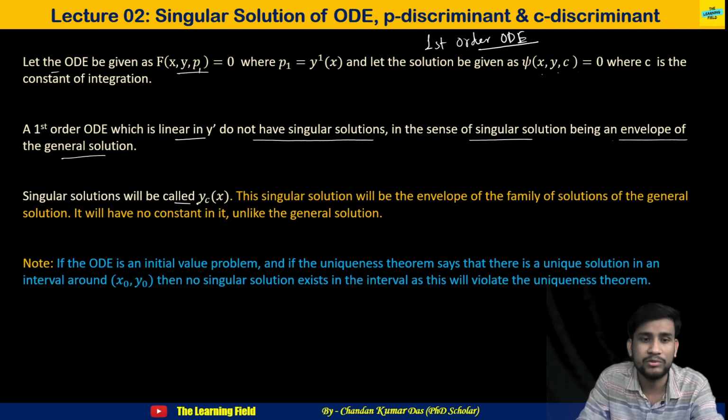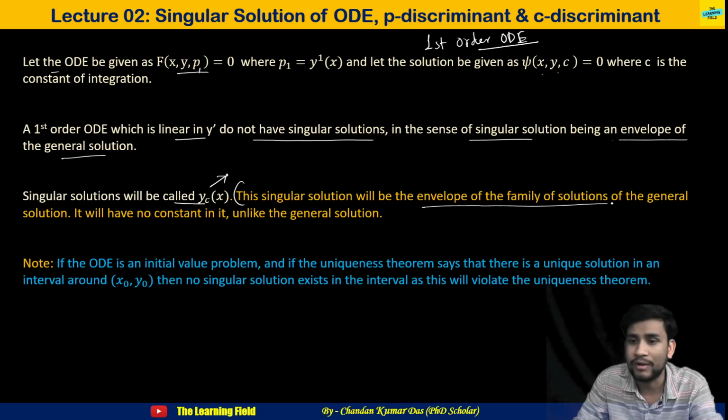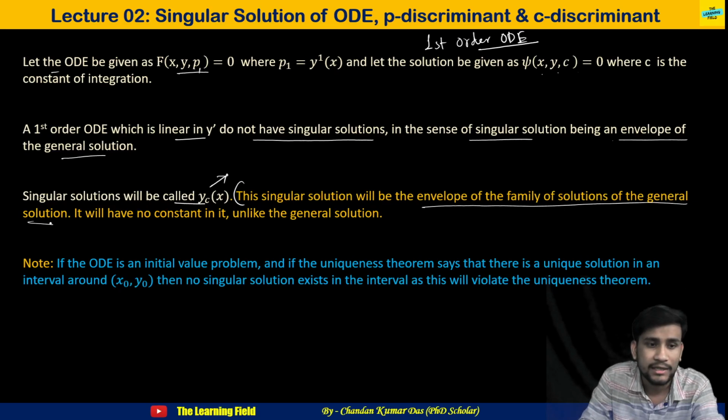Now the singular solution, in the general notation, is given in terms of y, x, c. Now this line is very important: the singular solution will be the envelope of the family of solutions of the general solution.